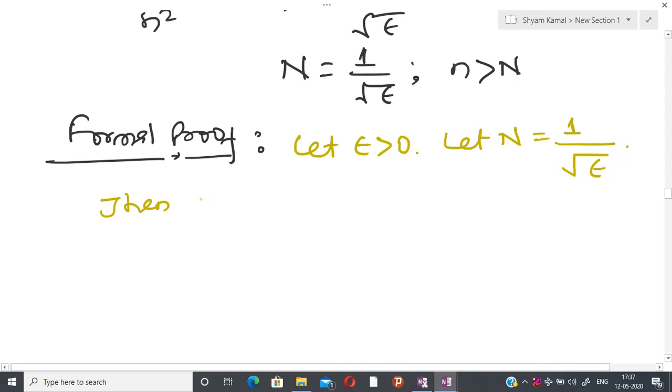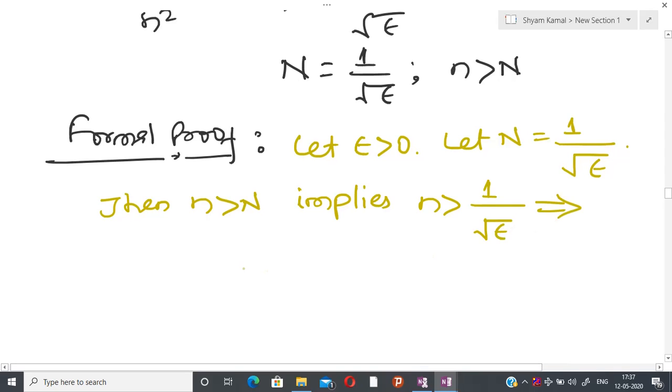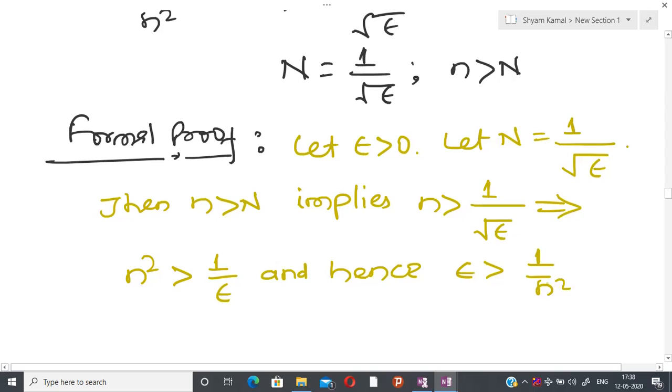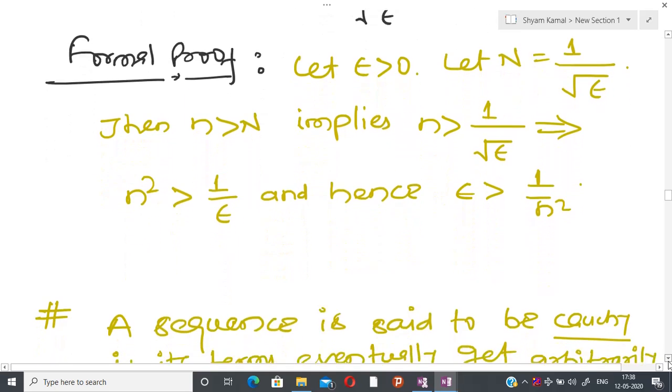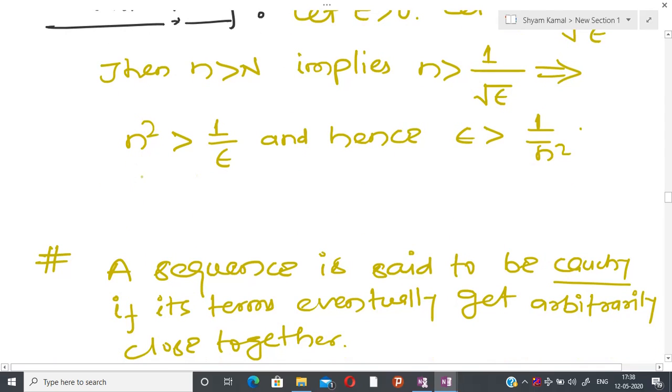Then n greater than N implies n greater than 1 by root epsilon, which implies that n square is greater than 1 by epsilon, and hence epsilon is greater than 1 by n square.